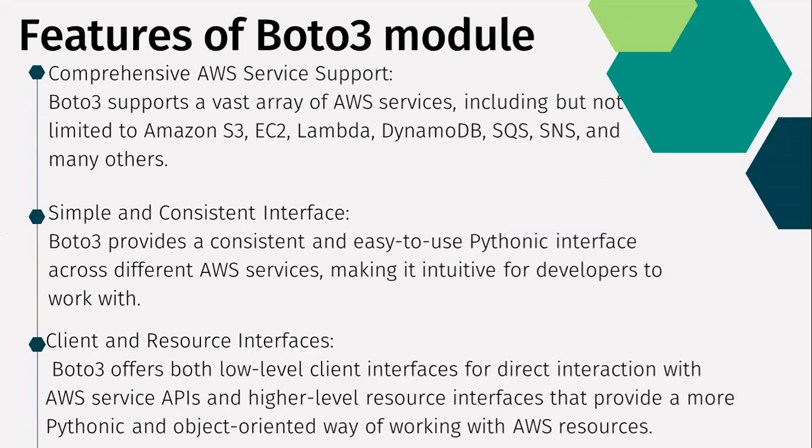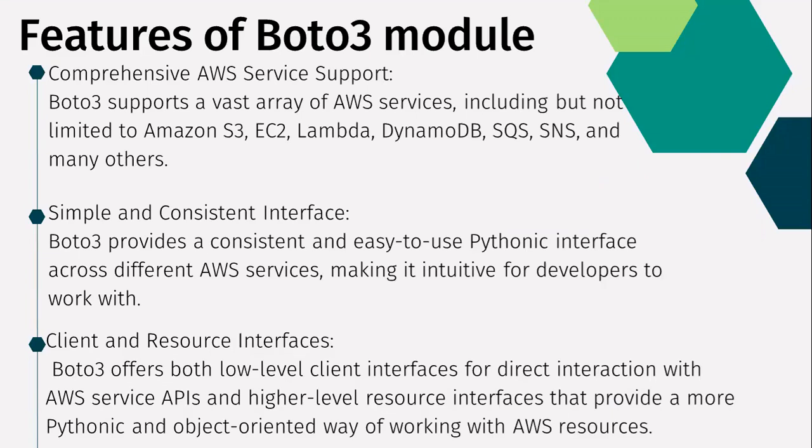The very first is comprehensive AWS service support, which means think of Boto3 as a versatile toolbox for Python developers who want to work with Amazon Cloud Services. This toolbox helps you do a lot of different things with various Amazon Web Services using Python code.